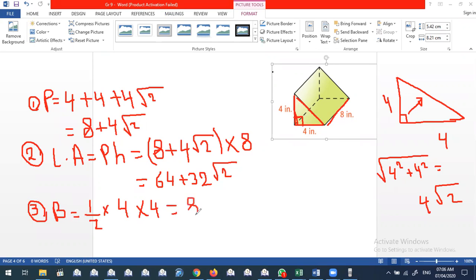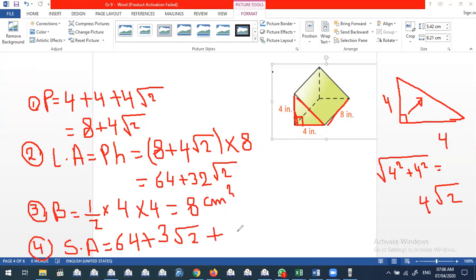It will be 8 centimeters square. Now the final step, number 4, surface area will be lateral area, which is 64 plus 32 square root 2, plus 2B, 2 times 8.